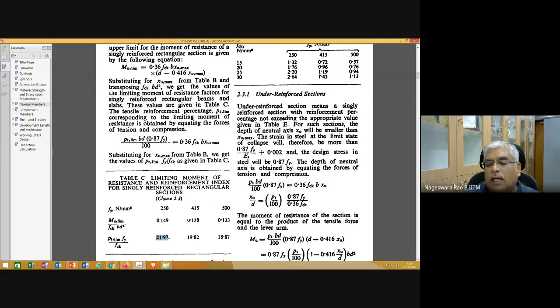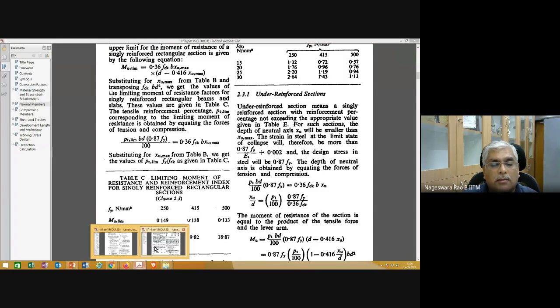And please do a small calculation. What is xu max divided by d for Fe 250? It is 0.53.